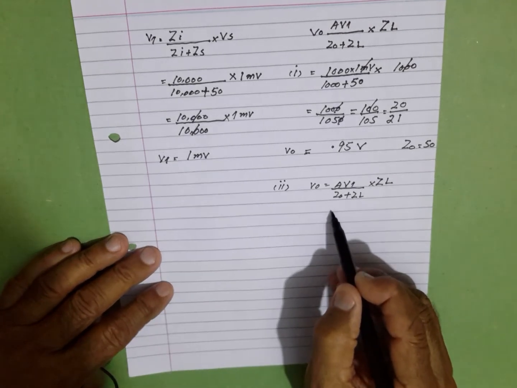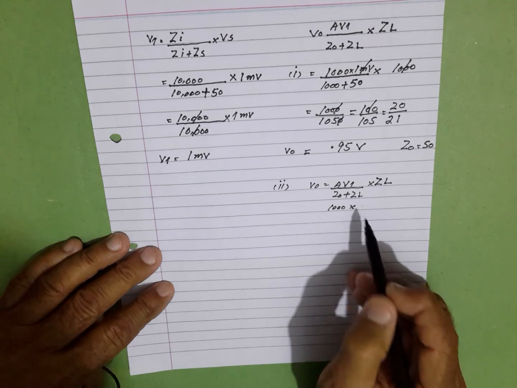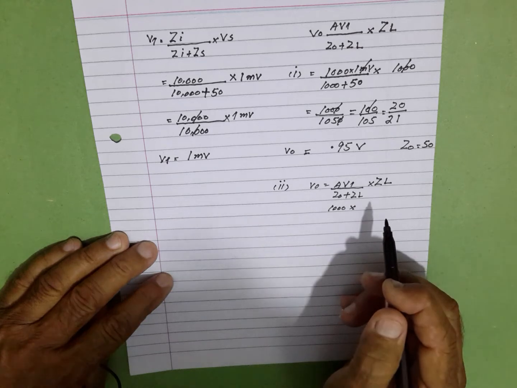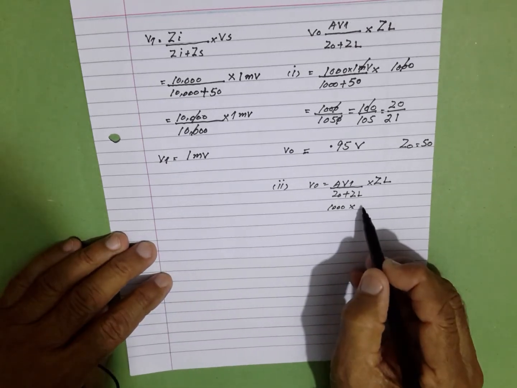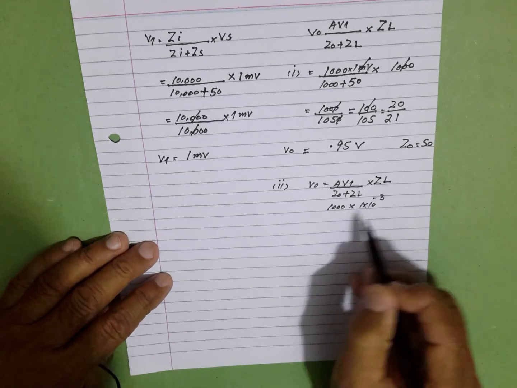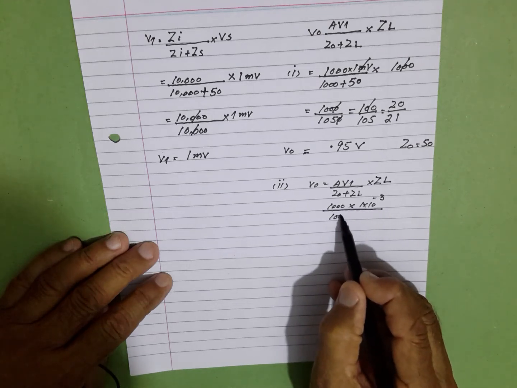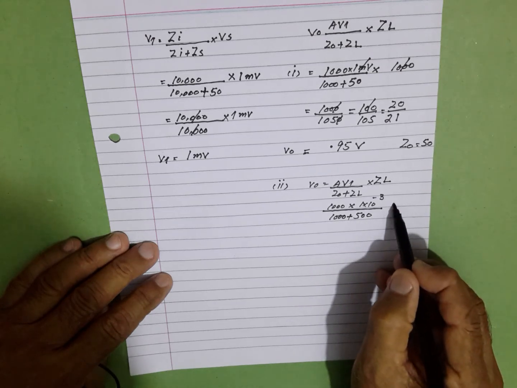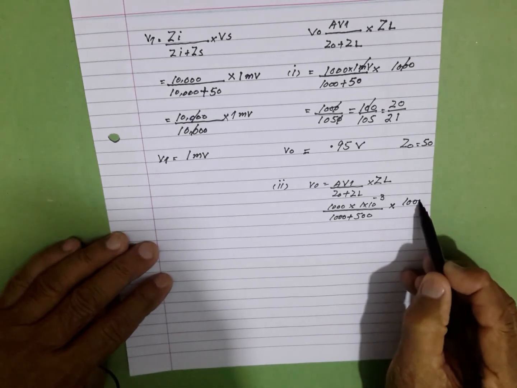A is 1000, V1 is 1 millivolt, 1 into 10 to the power minus 3, multiplied by 1000 ZL.